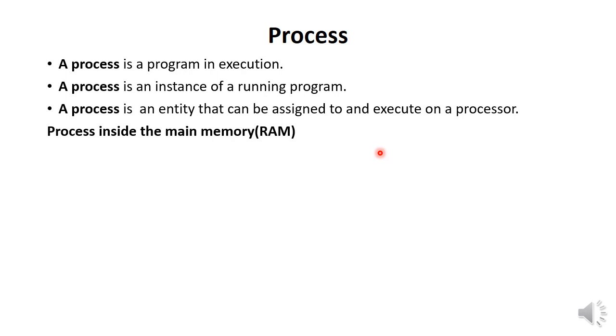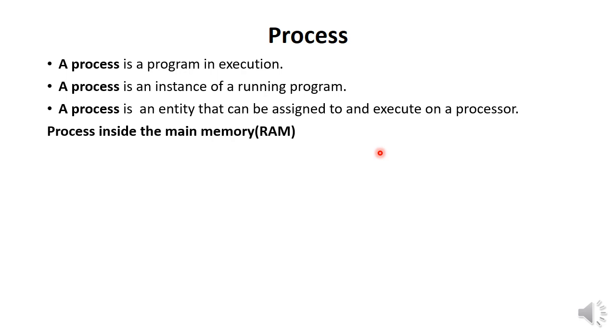A program refers to the set of codes or instructions written by using programming languages. This means that the program is stored on secondary storage devices, and to become a process, this program must be loaded into the main memory by the operating system.